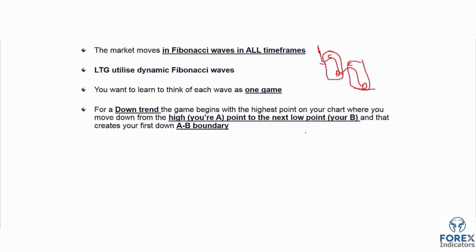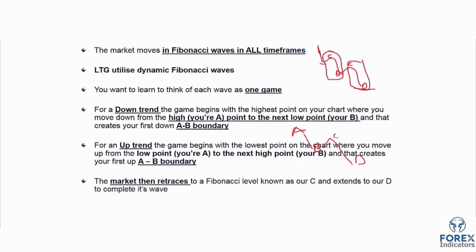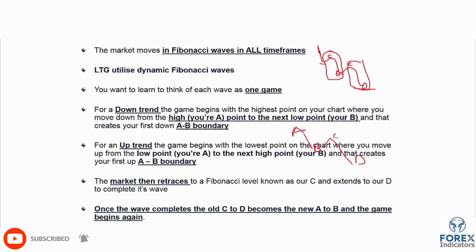So I'll show you what that looks like visually, but it will basically be something like this: A, B, C, D. For an uptrend, the game begins with the lowest point on the chart, where you move up from the low point, your A, to the next high point, your B, and that creates your first AB boundary. The market then retraces to a Fibonacci level known as your C and extends to your D to complete its wave. Once the wave completes, the old C to D becomes the new A to B, and the game begins.